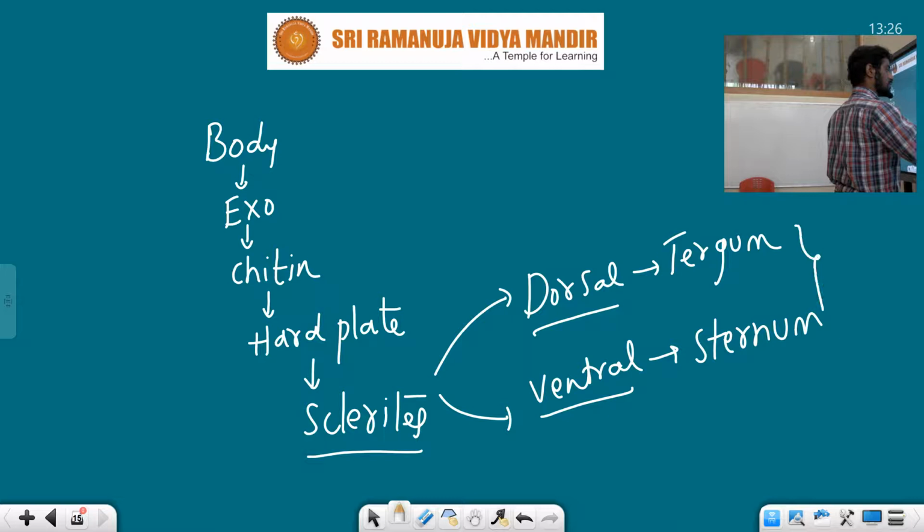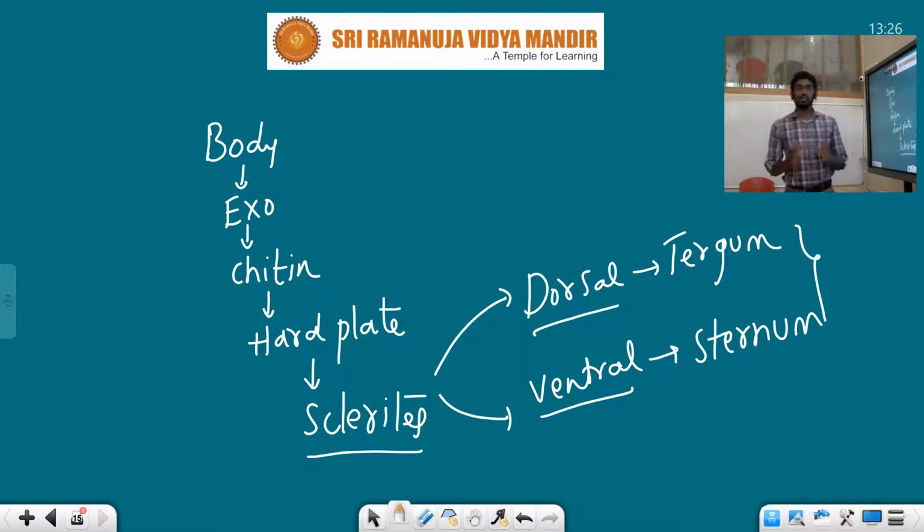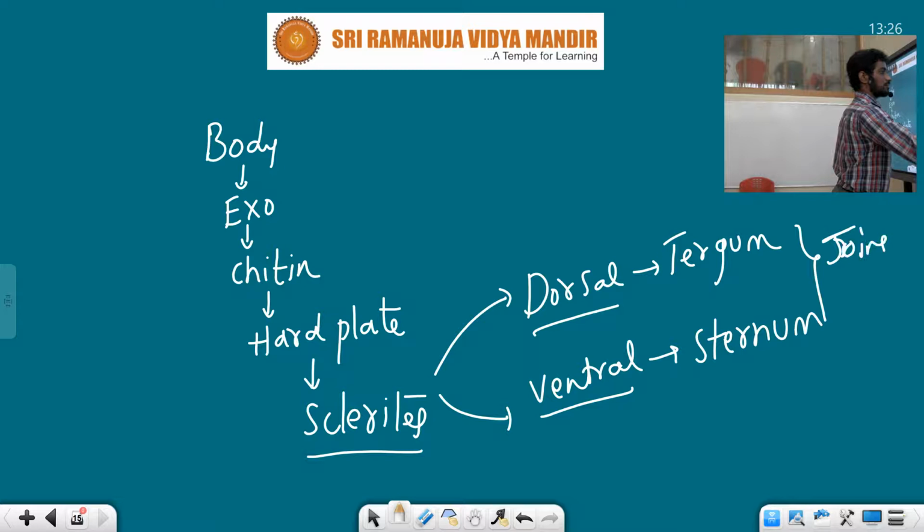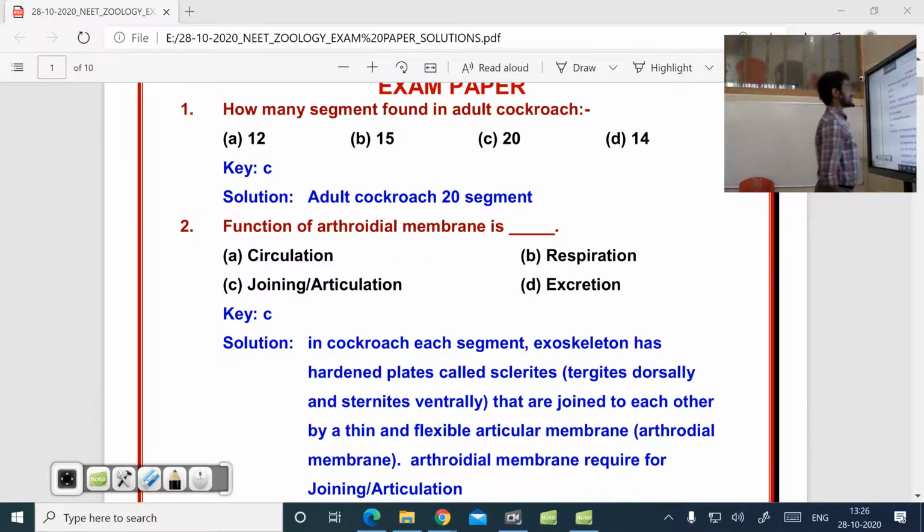So both tergum and sternum are joined by the arthrodial membrane. So that is the reference. The function of arthrodial membrane is the joining or articulation of the tergum and sternum.